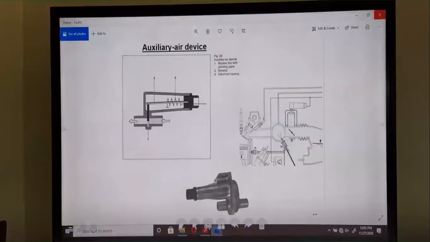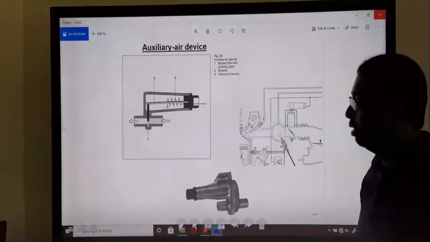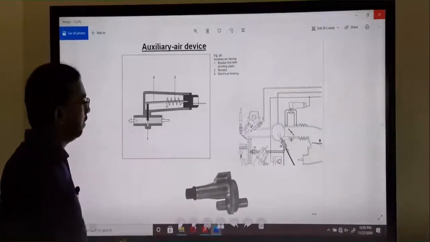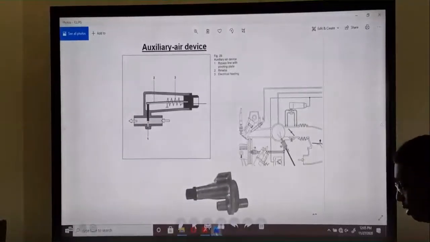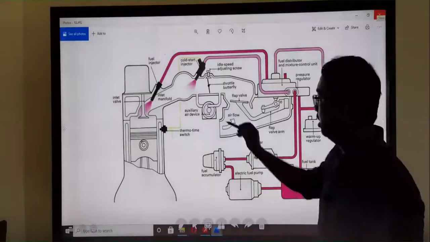So this is the auxiliary air valve, you can see here. Here also, why is it loose? First we start with why it is used here. Okay, this is the thing.